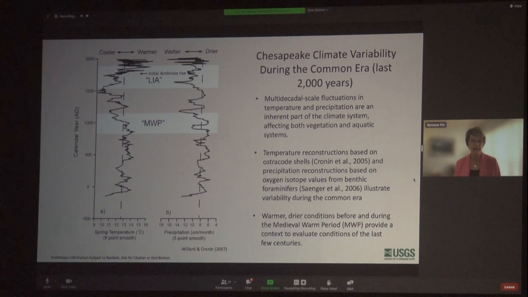But if you look at this, as Tom mentioned earlier, we've got warm, dry intervals here coming into the medieval warm period. Then colder ones, these multi-decadal scale events also affected not just temperature in the bay, but precipitation and vegetation on the landscape. So the vegetation really is being influenced naturally by climate variability on a whole range of timescales.